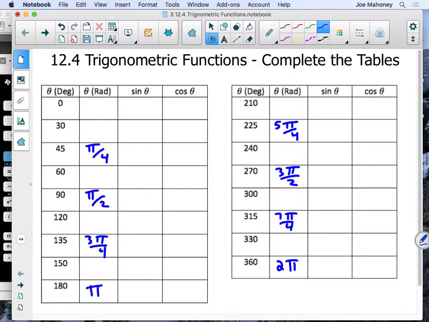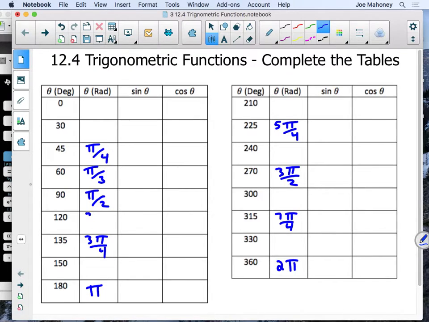Another one to do is 60 degrees. So I know if I take 180 and divide it by 3, I get 60. So if I take pi and divide it by 3, it's pi over 3. Now let's count by 60s. Let's count by pi over 3s. 60 is 1 pi over 3.